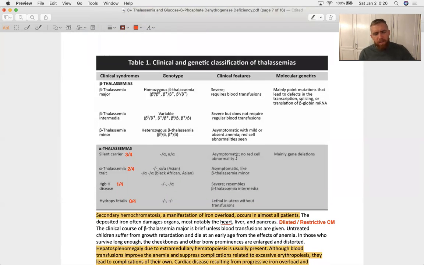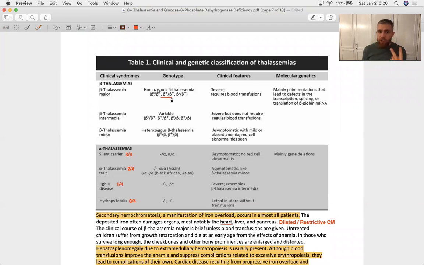So here's a good chart, beta thals and alpha thals. Let me restate that. Beta thalassemias, you've got 2 beta globin genes. Alpha thalassemias, you've got 4 alpha globin genes. That's the difference. With the beta thalassemias, you could have partial function of a beta globin gene, or you could have no function at all of a beta globin gene.